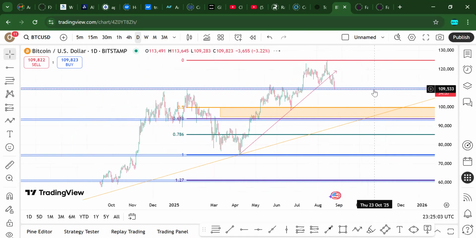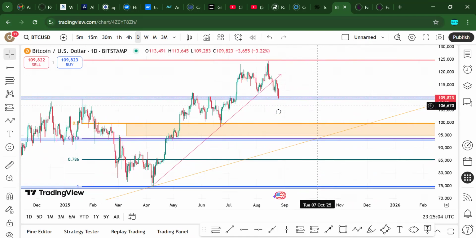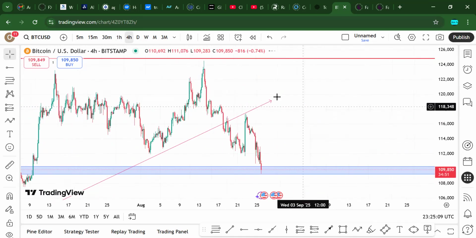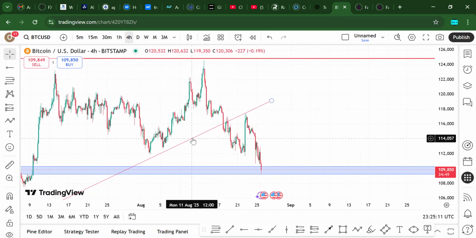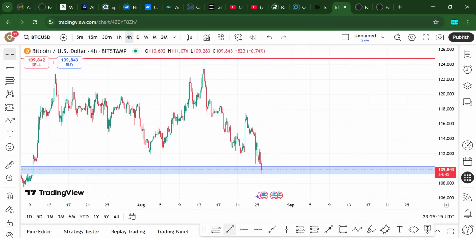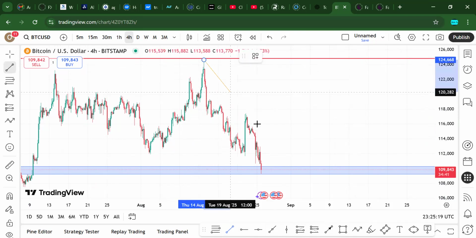And just for those that trade on the lower time frame, if we go to the H4 time frame, we can see that this has been broken and retested, and the market is making a series of lower lows and lower highs.